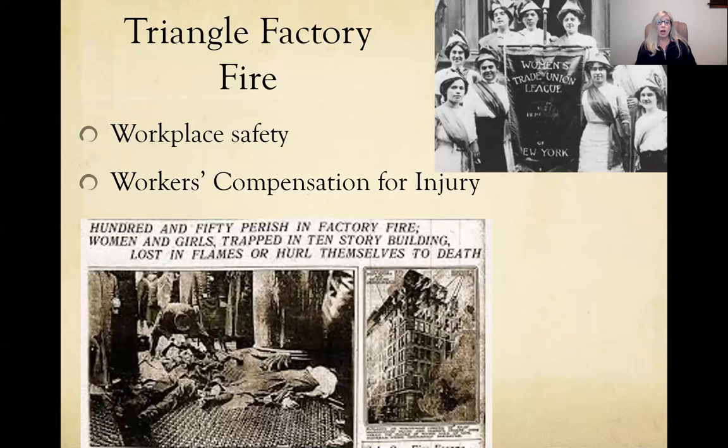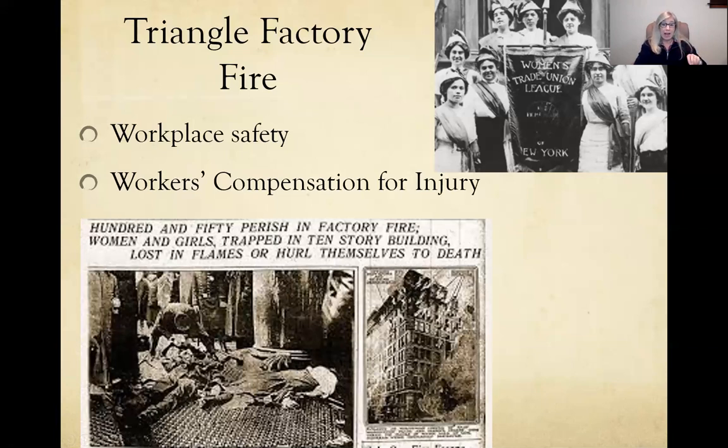So there were over 150 women who died in the Triangle Factory fire, and the fire department was on the ground, powerless to do anything about it because their fire hoses didn't reach up that high in the building. Many of the women, their only option was to jump out the windows. So you see the bodies here of those who jumped out. And it was just a terrible, horrific scene here in New York City.